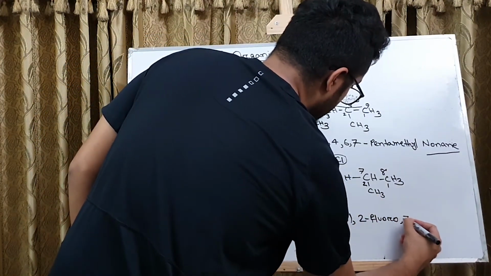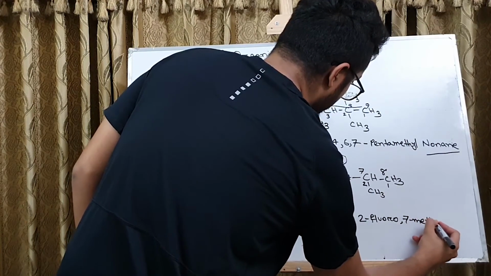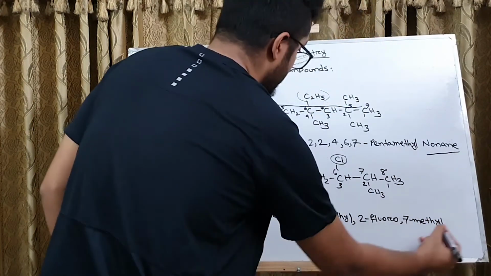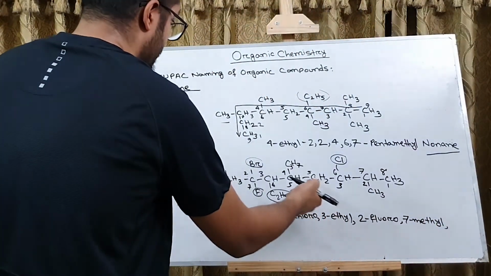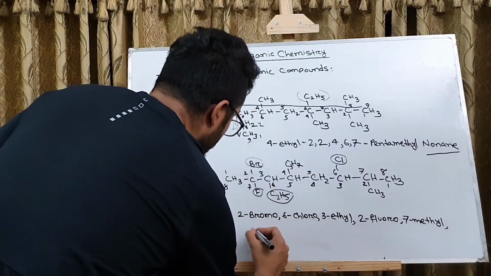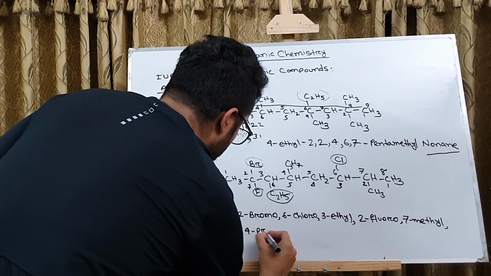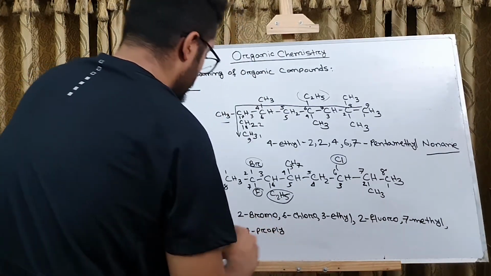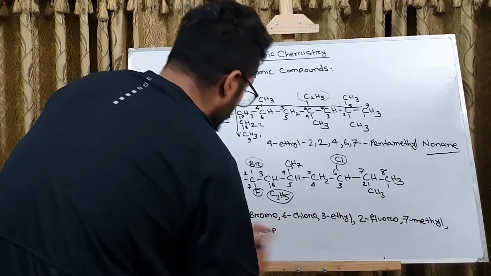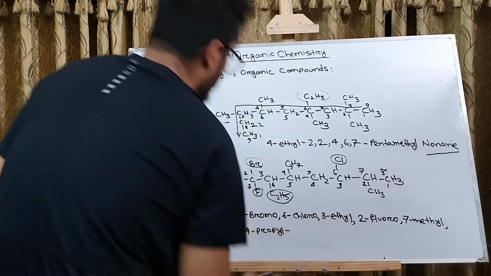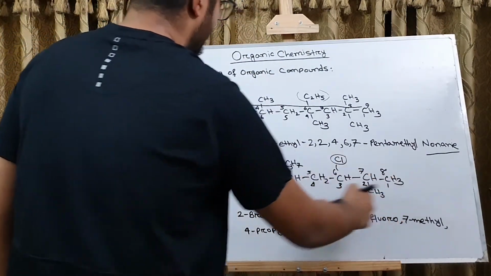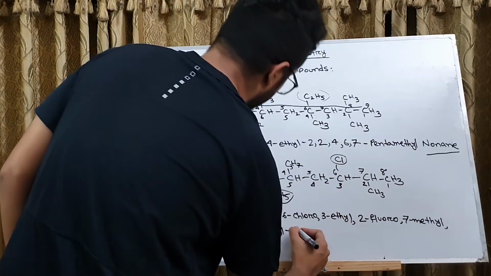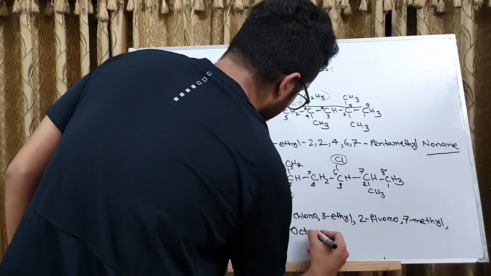So 7-methyl. Then I have a propyl group at 4. 4-propyl. And the main compound is octane. 4-propyl octane.